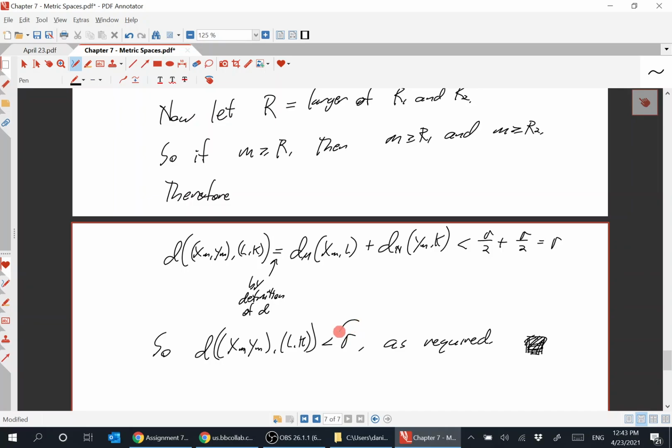So for every positive real number, little r bigger than 0, there is a natural number, capital R, such that when m exceeds capital R, the distance of (xm, ym) to (L, k) is less than r. That's what we want.